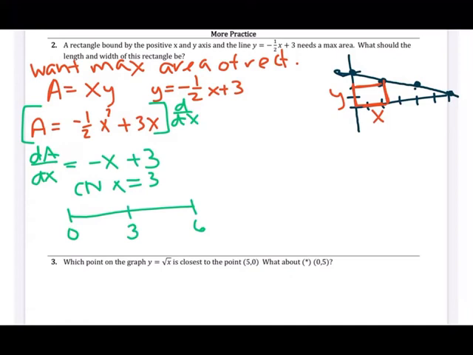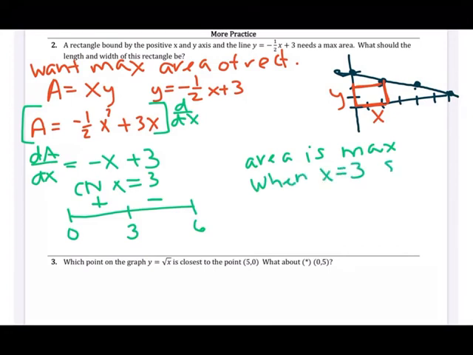So I can test what's happening in between. Between 0 and 3 in my derivative equation, I'm going to have a positive value. Between 3 and 6, I'm going to have a negative value. So we can say that the area is maximized when x equals 3.